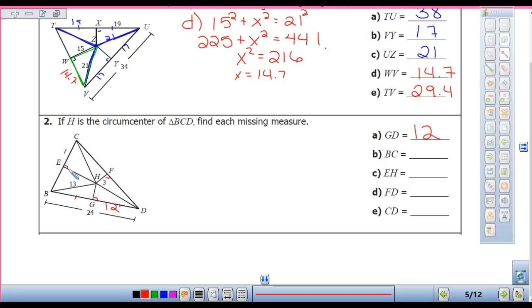That's important to know, because you're going to have to use right triangles. Okay, BC. If CE is 7, BE is going to be 7, but what's BC going to be? 14.